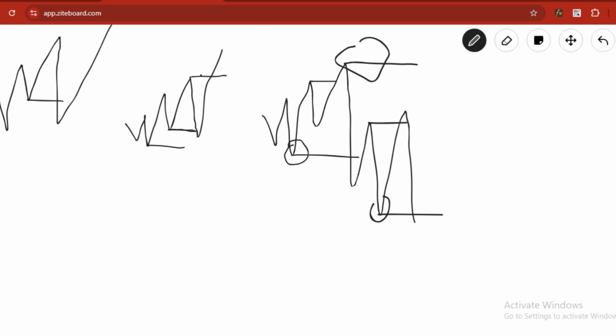Now I think with this explanation, you should be able to understand that every structure break is an external liquidity depending on the direction. So if you are in an uptrend, this structure being broken are the external liquidity, right?